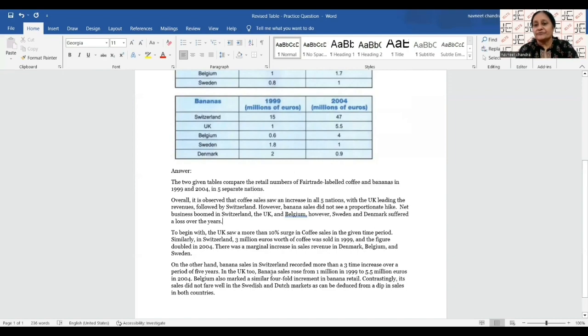In the UK, the sales rose from 1 million to 5.5 million euros, whereas Belgium marked a 4-fold increment. If you can see here. Contrastingly, its sales did not fare well in the Swedish and Danish markets, as can be deduced from a dip in sales in both the countries.